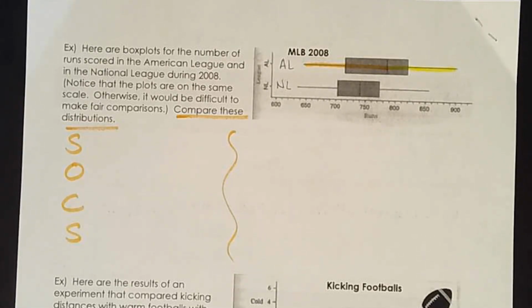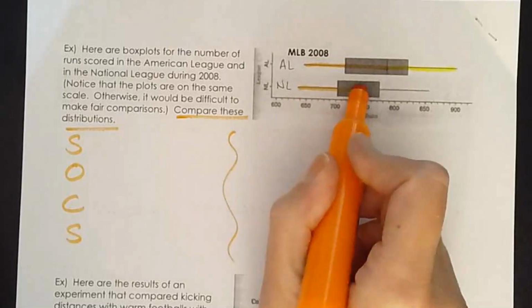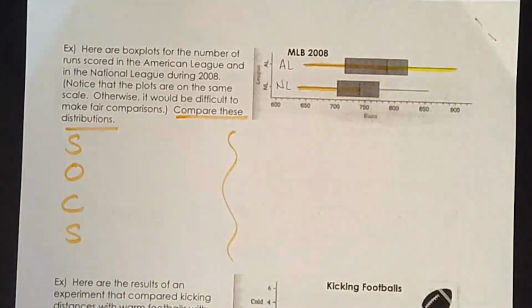I'm thinking it's pretty close, so I said approximately symmetric. If you want to say skewed left for AL, that's fine. I feel like they're very close, so I'm going approximately symmetric. Okay? What about National League? Symmetric. Okay, so I'm going to jot down that note.